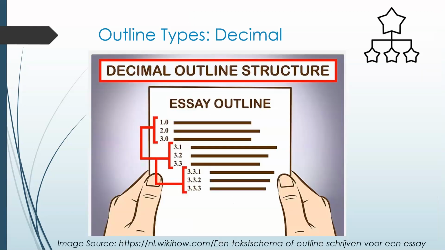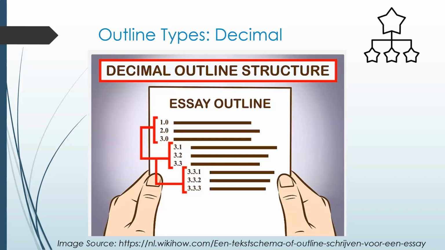As you can see from this general illustration of a decimal outline, it's similar to the alphanumeric outline, except that as an added benefit, it shows how every aspect of the outline relates to the larger whole in a much more intuitive way. The decimal outline is written using decimals to note each heading and subheading, as you can see here.